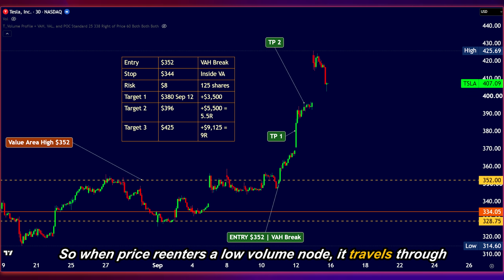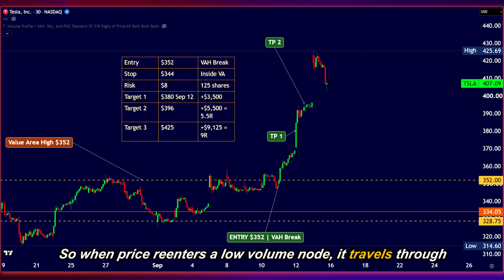In your trade 5, value capped at the value area high, 350, and the failed September 5th, 8th, and 10th spikes left a thin shelf up to 358. Once the 10 o'clock bar cleared 358, price was in open air. No prior volume in the window meant no resistance until the 425 region.